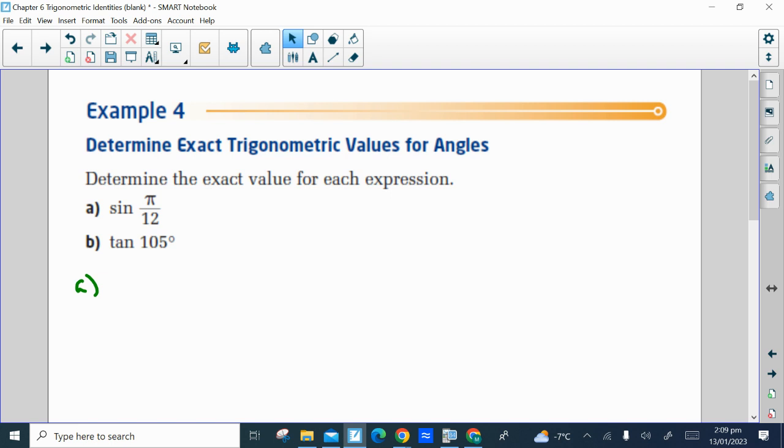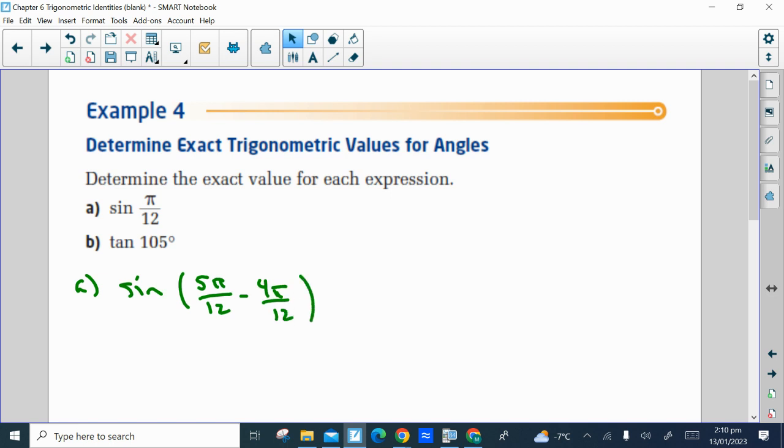So what we need to do is think about two angles that in this case would subtract to pi on 12, and both of those angles have to be on the unit circle. So only specific angles will work. For example, you would not be able to do, let's say, 5 pi on 12 minus 4 pi on 12.